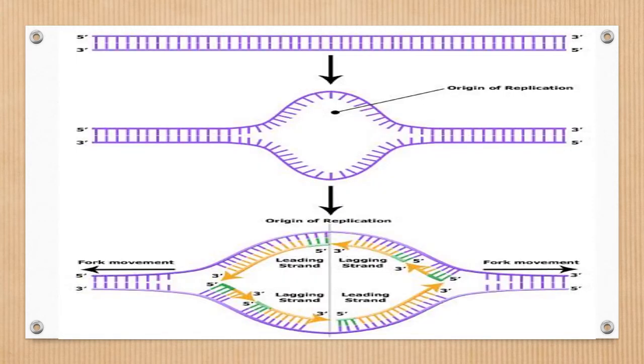So let's see, the first one is the total DNA, in which several, that means many, origins of replication are formed. This origin of replication is identified by the helicase enzyme, and these hydrogen bonds are broken by topoisomerase, or DNA gyrase enzyme.